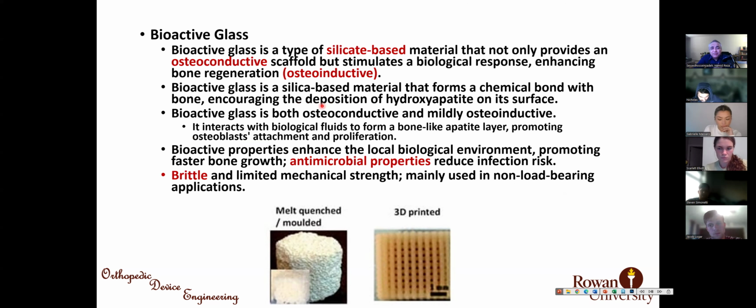Bioactive glasses are silicate-based materials. They are ceramics, bioactive ceramics. They act as osteoconductive, but they also have some osteoinductive properties.